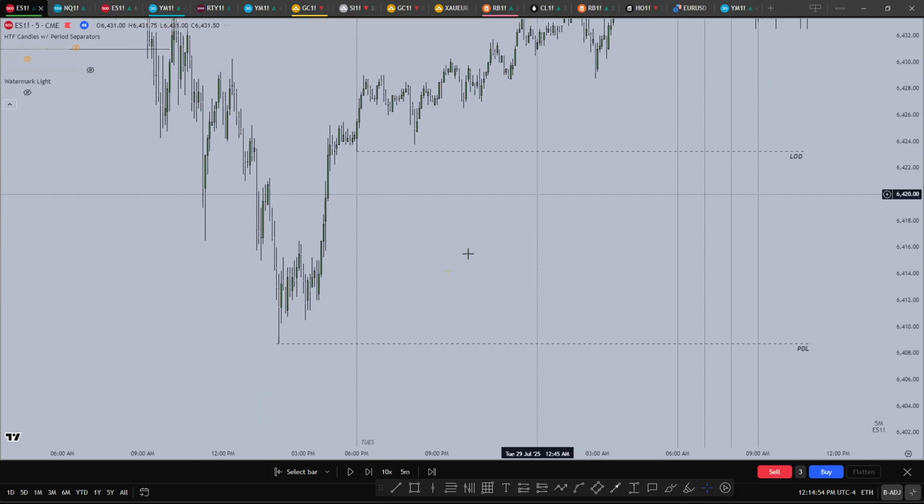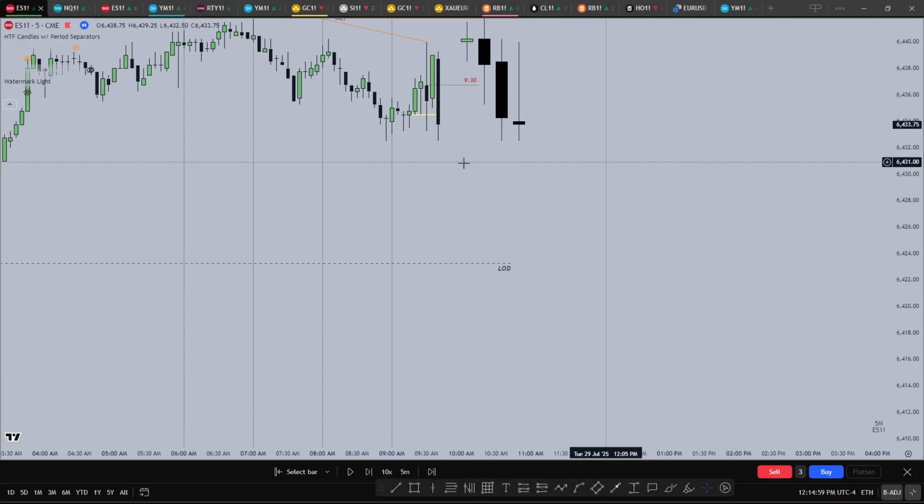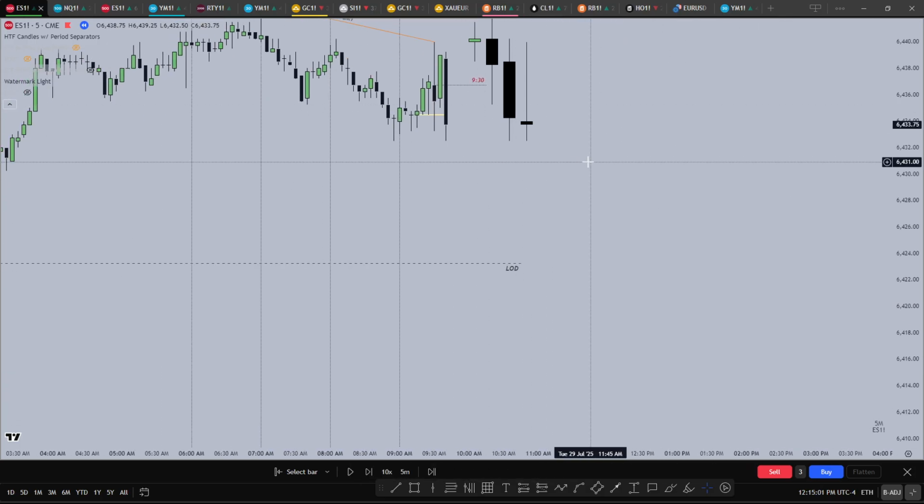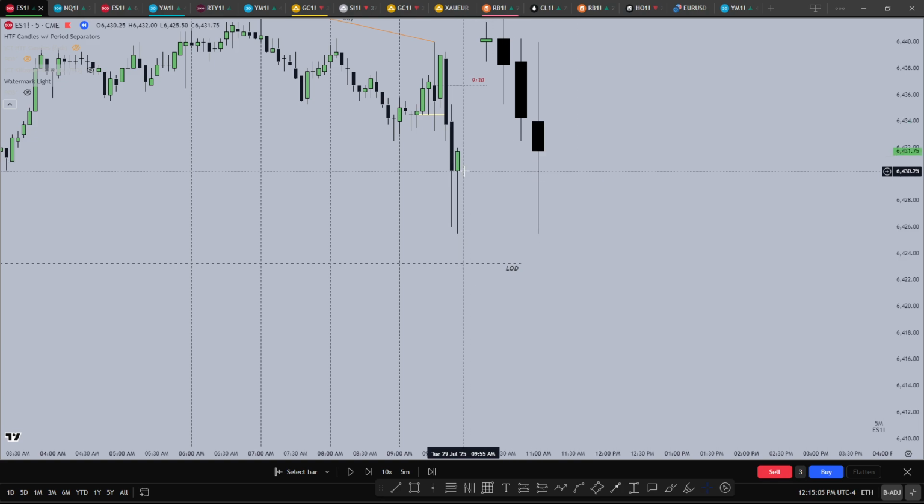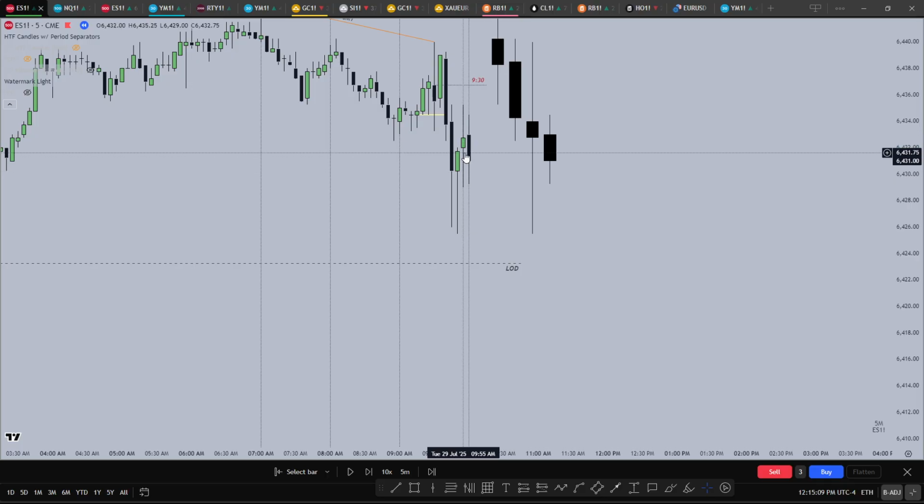If I still have enough room left till my objective, I could frame 10 a.m. H4 OHLC. But by the time 10 a.m. comes, this is 10 a.m. here. Then I'm wanting to see this form.